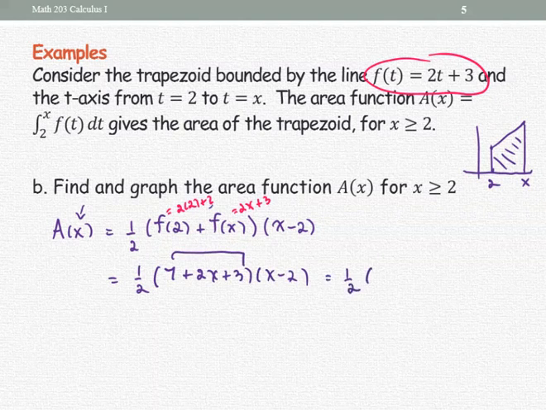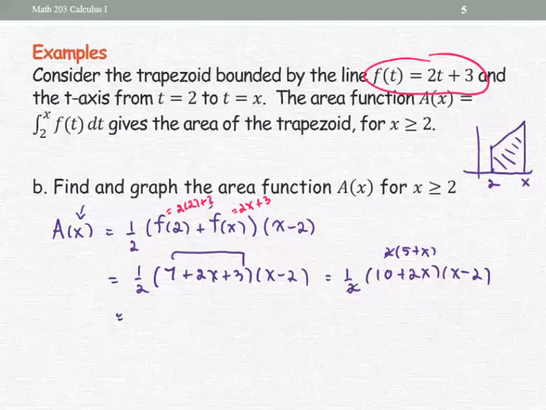Then we have 1/2 multiplied by 10 plus 2x multiplied by x minus 2. 10 plus 2x is 2 times 5 plus x. The 2 and 2 reduce, and now we get the product of 5 plus x and x minus 2.